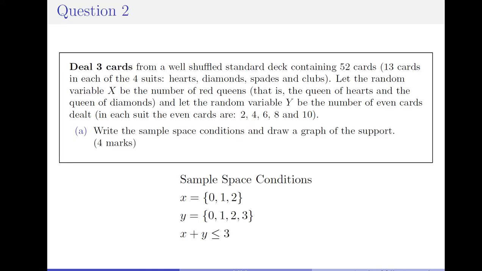If I go back, what we do is we take our points. If we consider x is 0, then we can have (x=0, y=0), (0, 1), (0, 2), (0, 3), and we would plot these. Because we've got 0 on the x-axis, these are going to be the vertical straight line here.